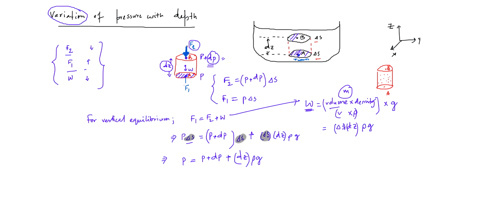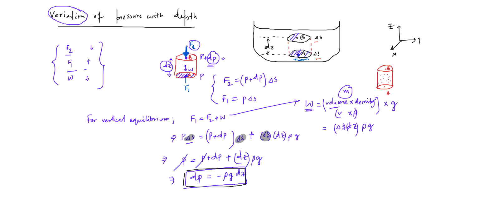And the P's will cancel each other. As you can see, dP can be written as minus rho g dz. So here we get the relationship of dP and dz. This is the thing we tried to find out.